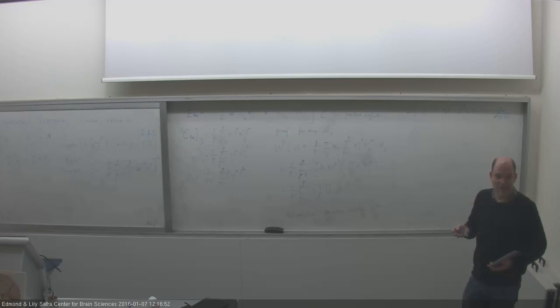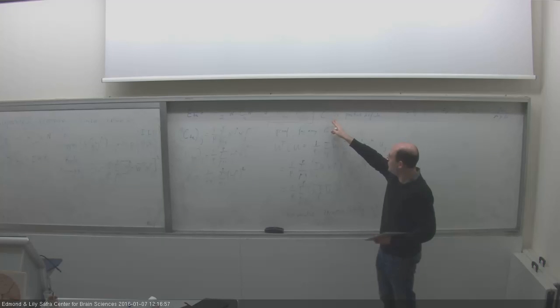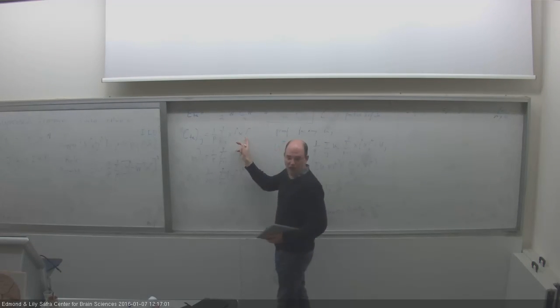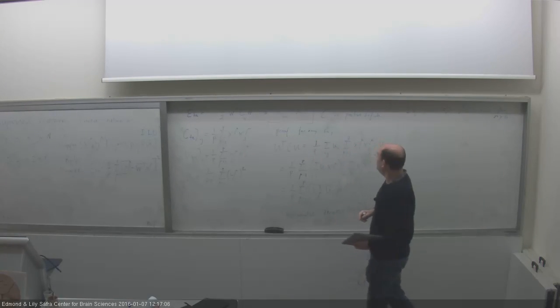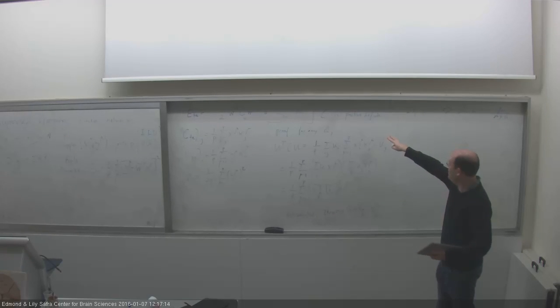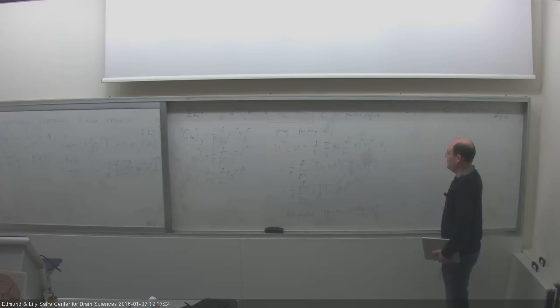It means that all the eigenvalues of the matrix C are positive. I remind you that this C is not only positive definite, it's also a symmetric matrix. You can see here that if we exchange i and j, we get the same thing. A symmetric matrix can always be diagonalized and has real eigenvalues, and the fact that it's positive definite tells us that all the eigenvalues are positive, the determinant is positive, and this matrix is invertible. So in this case, C is invertible.